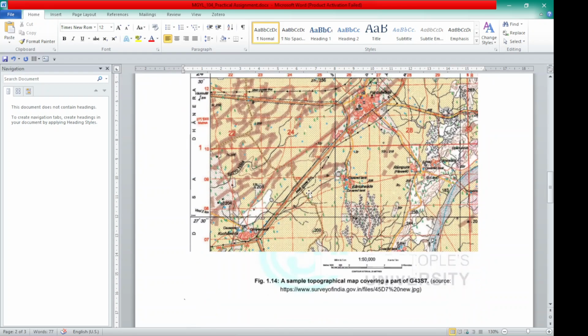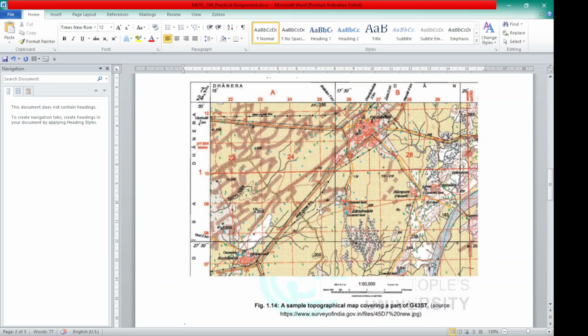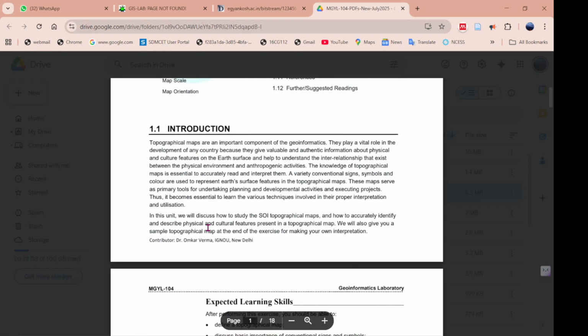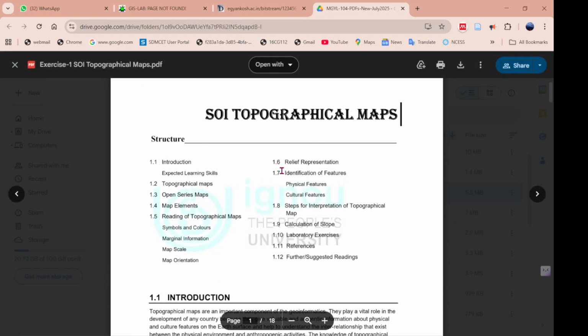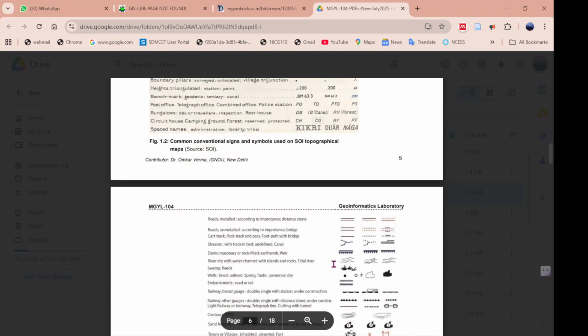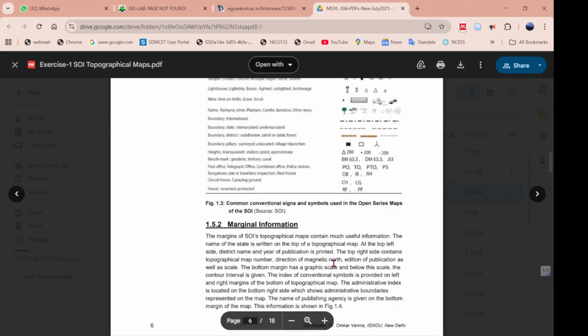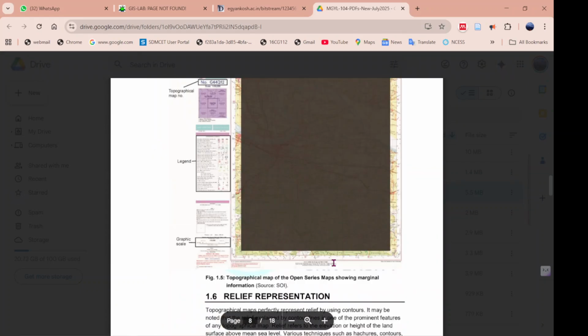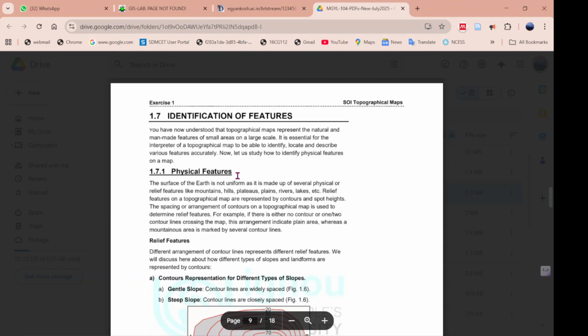All right. So we have to identify what are the different features that are available in this, and for that we have to take help from section 1.7, where we will identify physical features and cultural features. So let us go to 1.7.